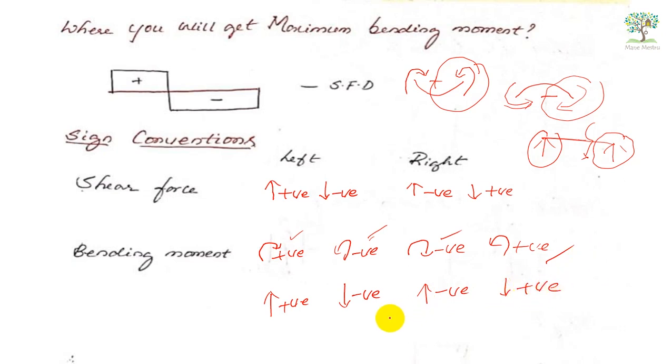Because in a beam, upward forces will always cause clockwise moment and downward forces will always cause anti-clockwise moment about any section. Okay, that is how you can remember. I suggest that initially you follow any one direction, either left or right. You better always go from right until you understand the concept properly, so that you can avoid the confusions.